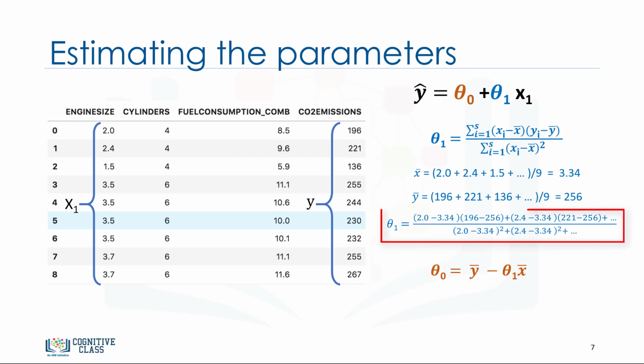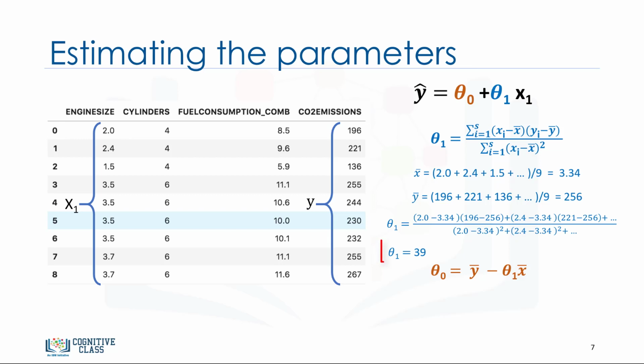Then, we plug it into the slope equation to find theta 1. The xi and yi in the equation refer to the fact that we need to repeat these calculations across all values in our dataset, and i refers to the ith value of x or y.